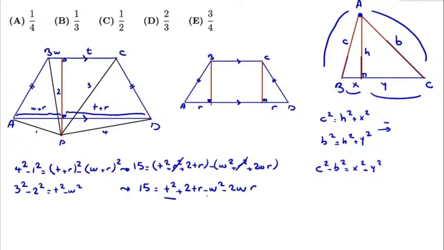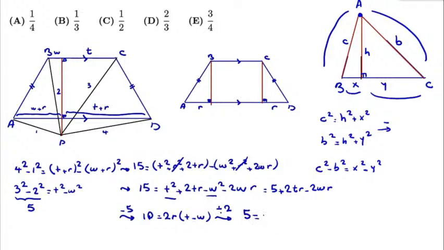T squared minus w squared, here we had 9 minus 4, which is 5. So it will be 5 plus 2tr minus 2wr. We subtract 5 from both sides, it will be 10 equals 2r times (t minus w). So if we divide both sides by 2, 5 will be r times (t minus w).